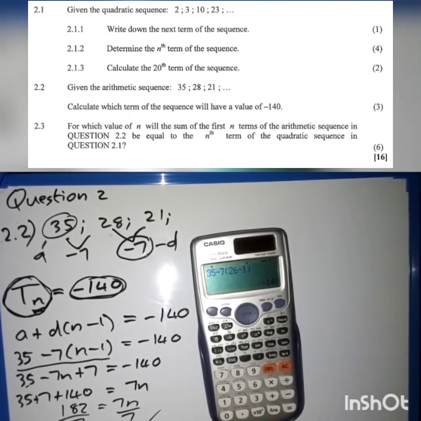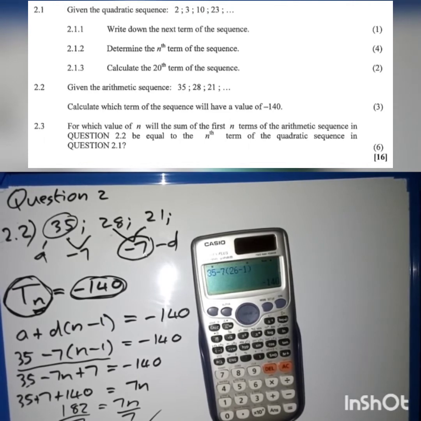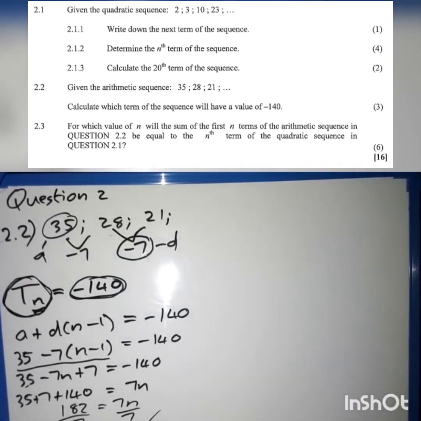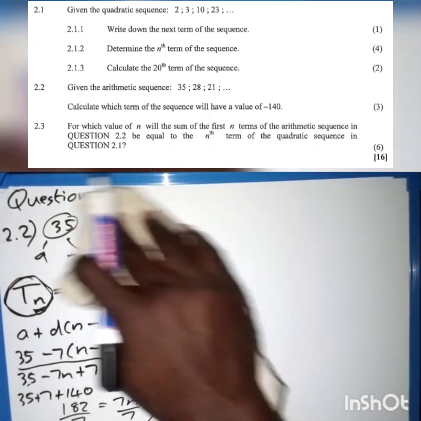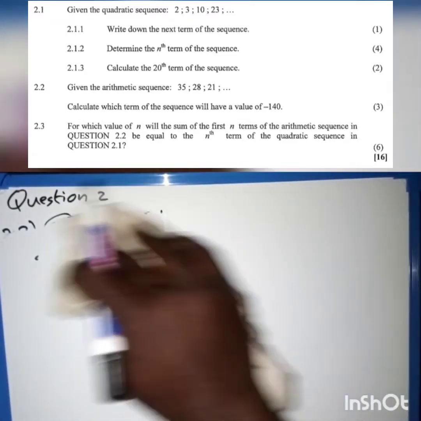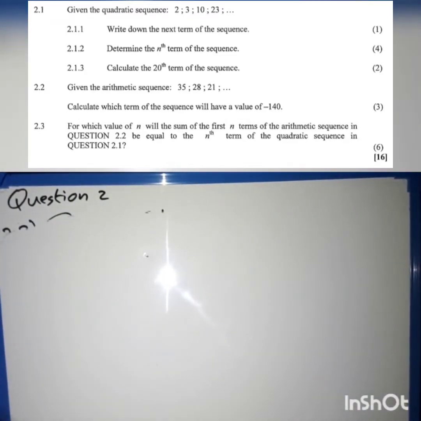The next question is 2.3. So 2.3 says, for which value of n will the sum of the first n terms of the arithmetic sequence in question 2.2 be equal to the nth term of the quadratic sequence in question 2.1.